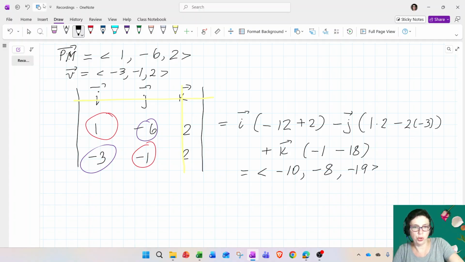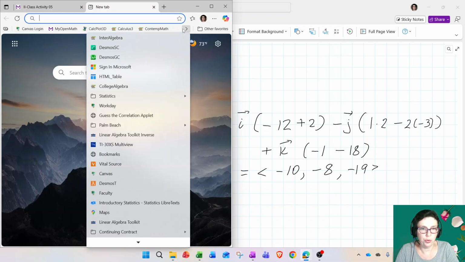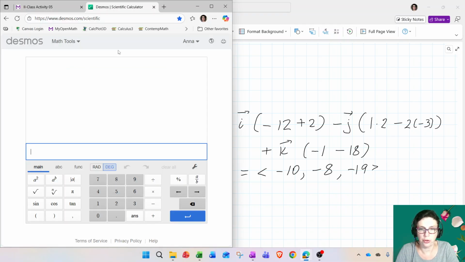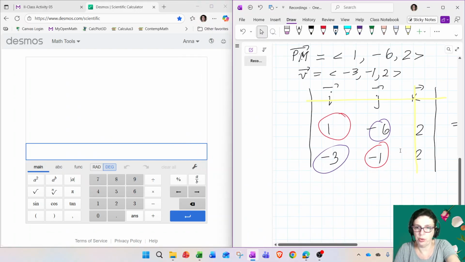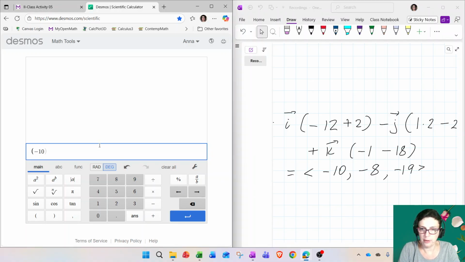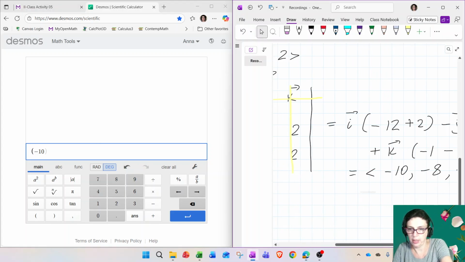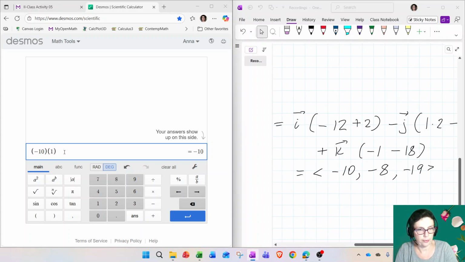One thing that you should always check is go ahead and use the Desmos calculator to check to see if this new vector is orthogonal to each of the individual vectors. So this new vector that we got with the coordinates -10, -8, and -19, we're going to multiply it by each individual vector. First of all, let's multiply it by 1, -6, 2.